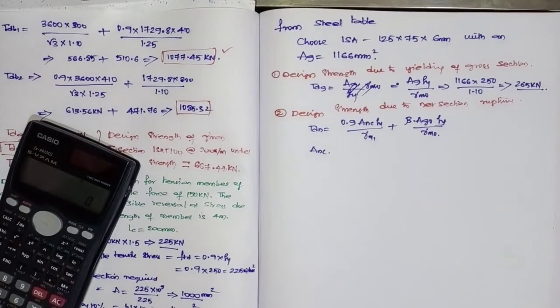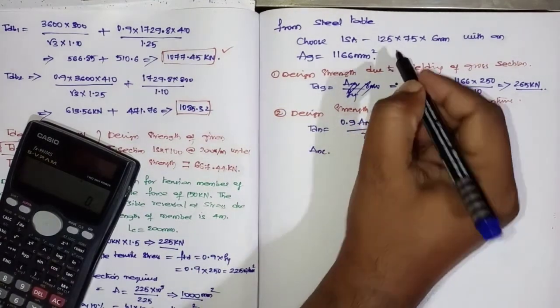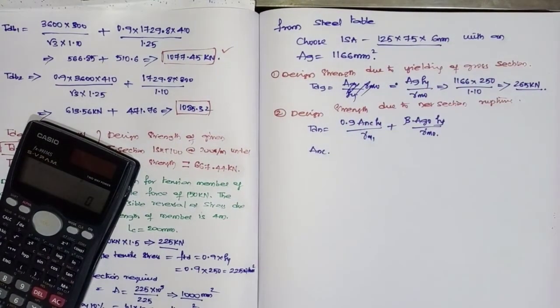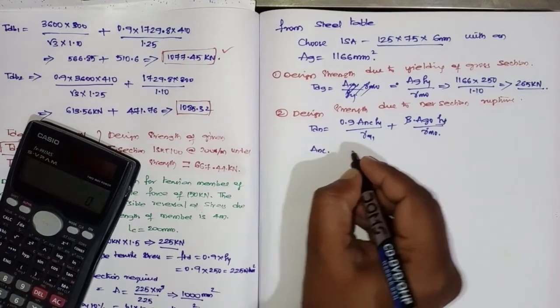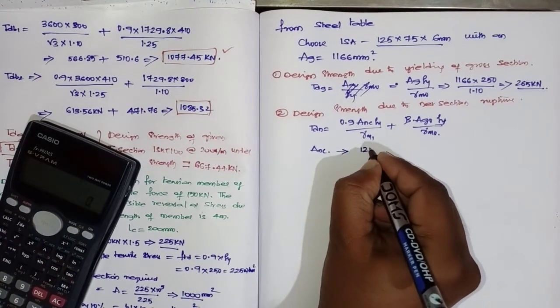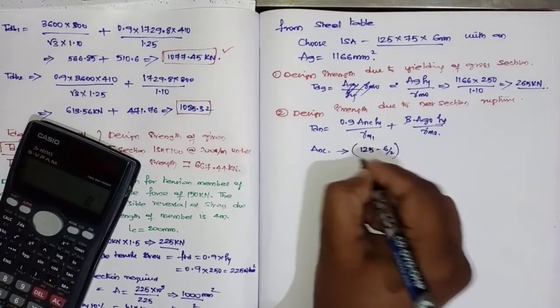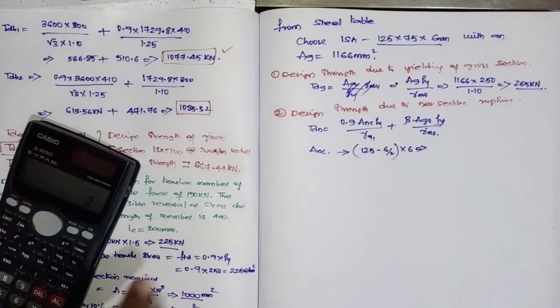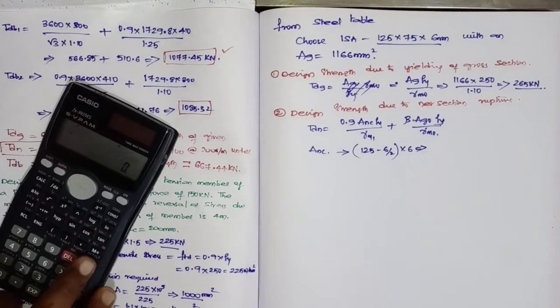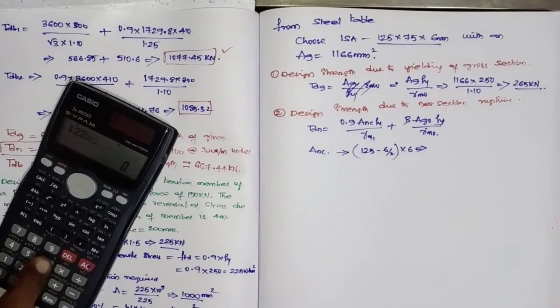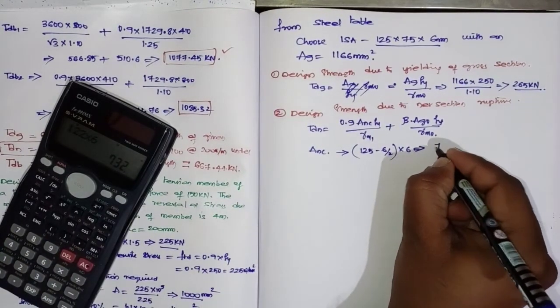Now when I am taking an unequal angle section, the longer leg will be connected mostly. So connected leg is 125 minus 6 by 2 into 6, which means 122 into 6. It is 732 mm square.